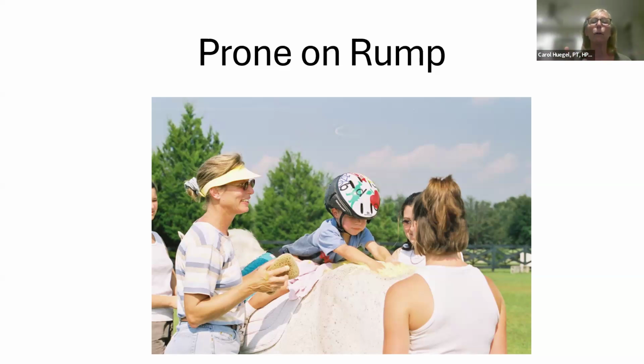But the wonderful thing about this position is just the variability of what we can do here. So we could have somebody that's more involved in this position where their head is turned and they're supported on the horse, to an activity like this. So this was a little patient who was actually finger painting on the back of the horse.